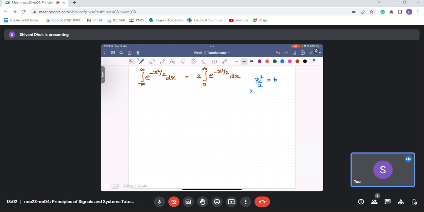So this is 2x by 2, so x dx is equal to dt. So dx equals dt by x, and from here my x comes out to be under root 2t. So I can write this as dt upon under root of 2t.